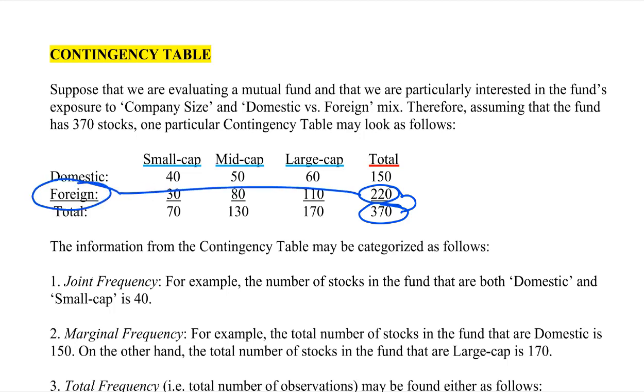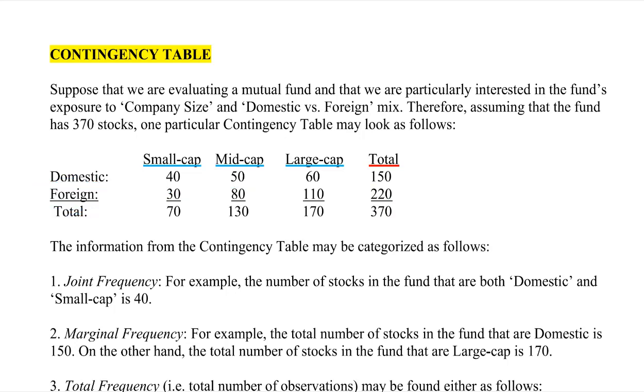And this is how we pick portfolios, either for ourselves or for our clients. We have to analyze what we're getting exposed to by purchasing this portfolio or mutual fund in this case. So this mutual fund would be more ideally suited to clients who want more exposure to foreign stocks as opposed to domestic stocks.